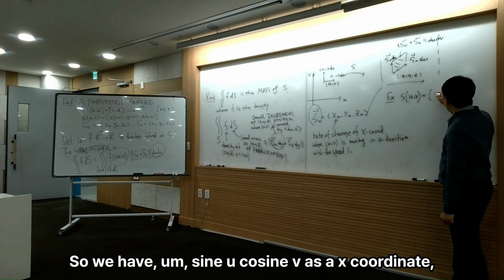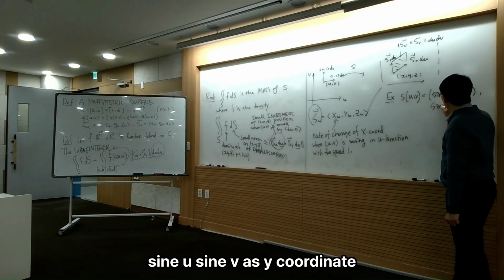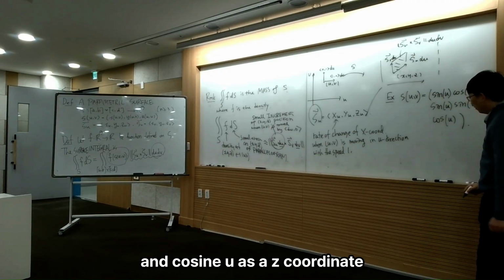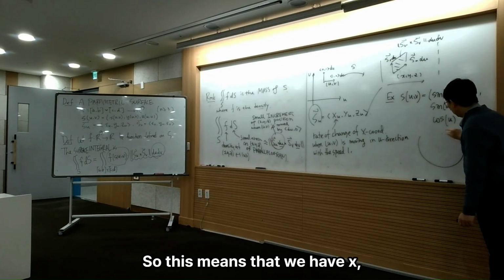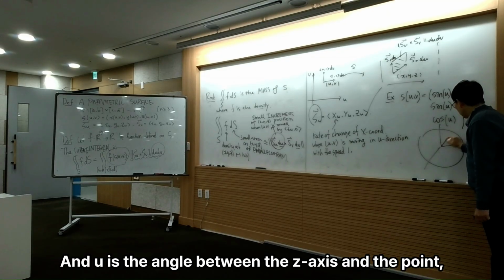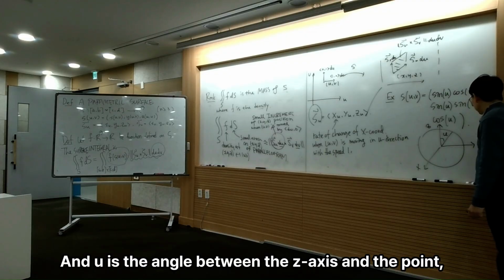So we have sine u cosine v as the x coordinate, sine u sine v as the y coordinate, and cosine u as the z coordinate. So this means that we have x, y, z here, and u is the angle between the z-axis and the point.